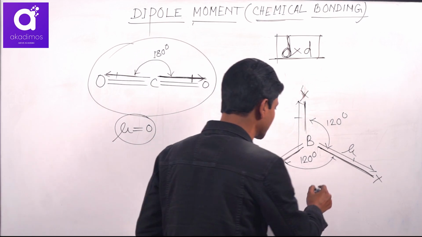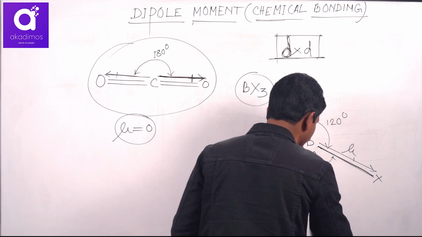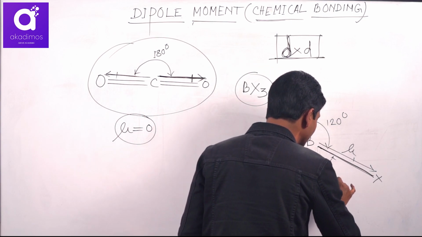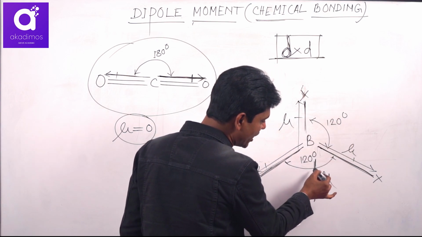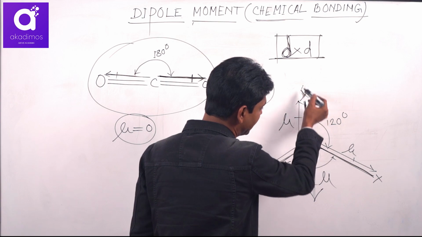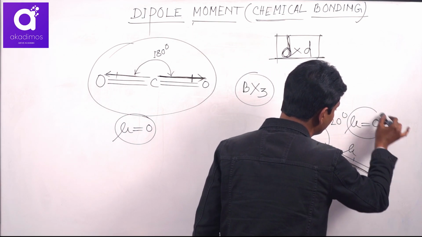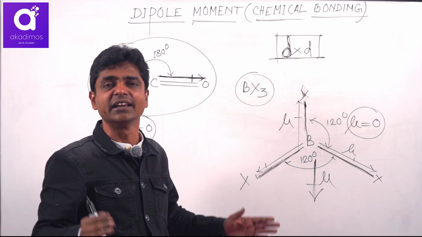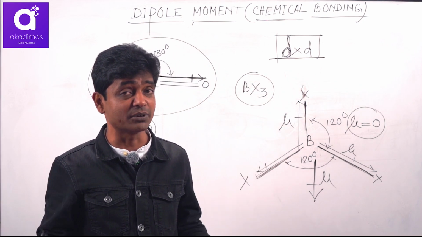If you do the calculation, you will get the direction of these two BX bond moments along this with equal value of mu, and it will be linearly 180 degrees. This is the resultant of these two, and this is linearly oriented in the opposite direction. That's why here also the molecular moment of BX3 you got is 0, which will confirm the shape of the BX3 molecule is trigonal planar.